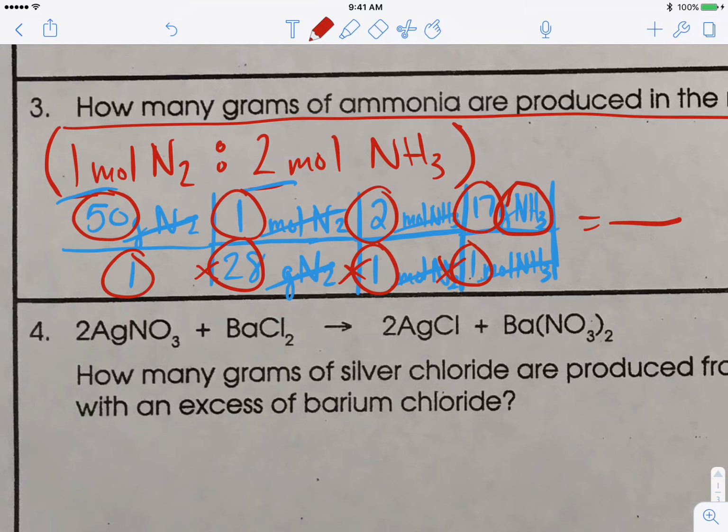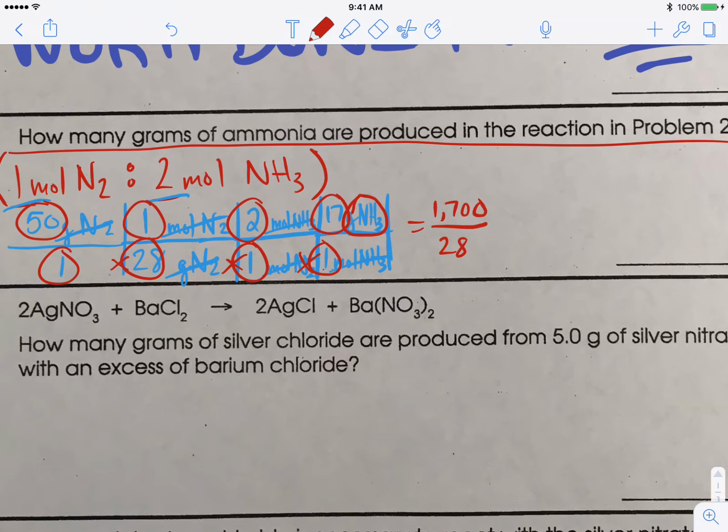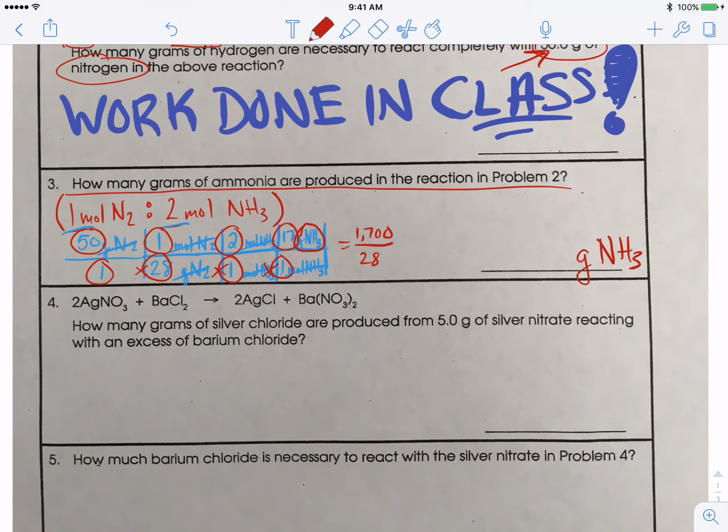So what we have is 50 times 1 times 2 times 17, and that's going to be 1700 over 28. We go ahead and put that into our calculator, and we get roughly 60.7 grams of ammonia.